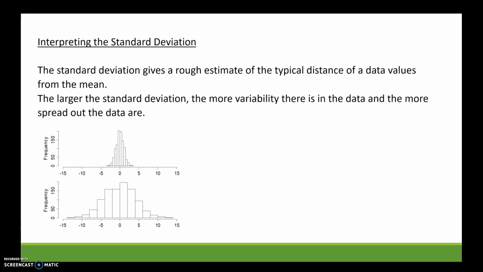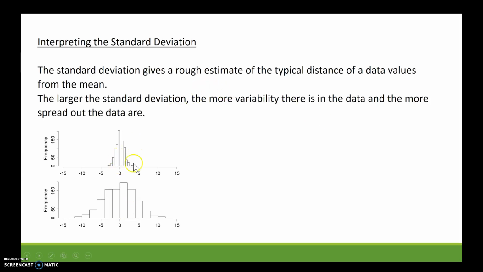Well, we can also interpret the standard deviation, or we could estimate the standard deviation just by looking at a plot. So recall that for small standard deviations, what that means is that the data points are clustered close together. Large standard deviations mean that the data is spread far apart. Therefore, the more variable the data is, the further the data points are going to be.